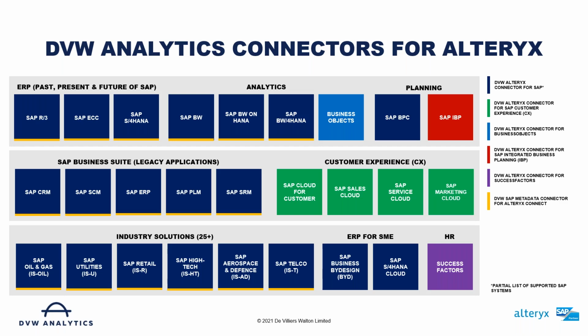We also have connectors that connect to the newest solutions from SAP, or acquired by SAP, maybe I should say. So we have business objects connectors and connectors for success factors, and also you can see on top right there the planning system, so BPC and IBP.